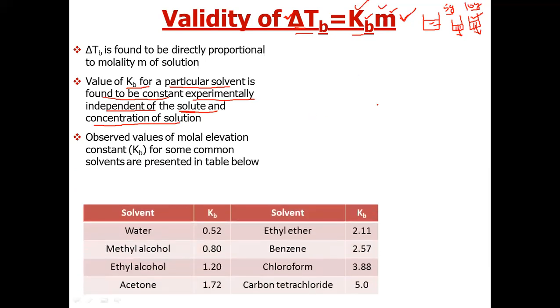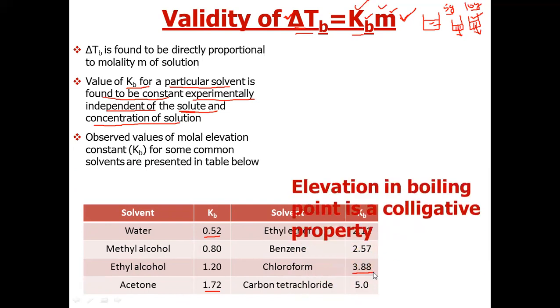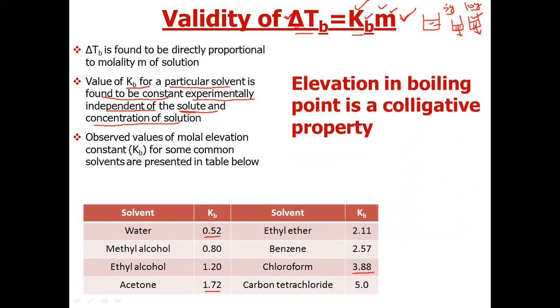So this table shows the value of Kb for some particular solvents. It is just for your information. No need to remember it. For water it is 0.52, for acetone it is 1.72, and for chloroform it is 3.88. Another important thing is that elevation in boiling point is a colligative property.